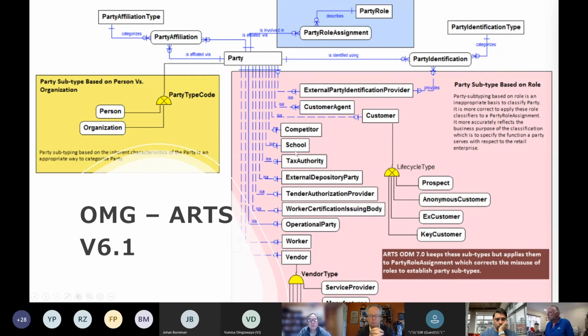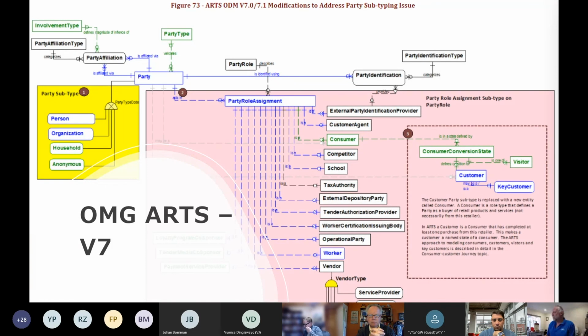So these are certainly not parties. These we understand to be the party subtypes, the person, organization. So version 6 of OMG, they had all these things related. And fortunately, they updated that with the role assignment, and there we can see the different types of roles that OMG have put together for their party model.